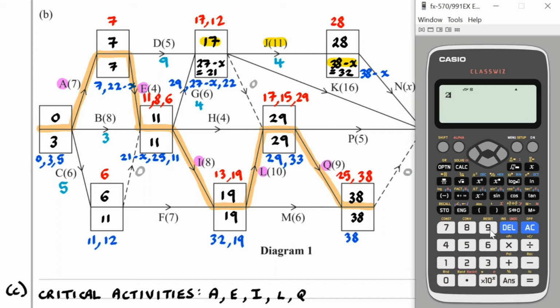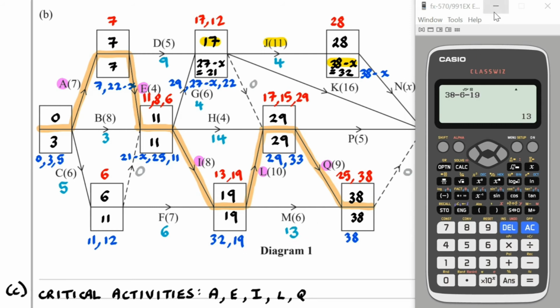For H, we have 29 take away 4 take away 11, which is 14. F, we've got 19 take away 7 take away 6, which is 6. For M, we have 38 take away 6 take away 19, which is 13.